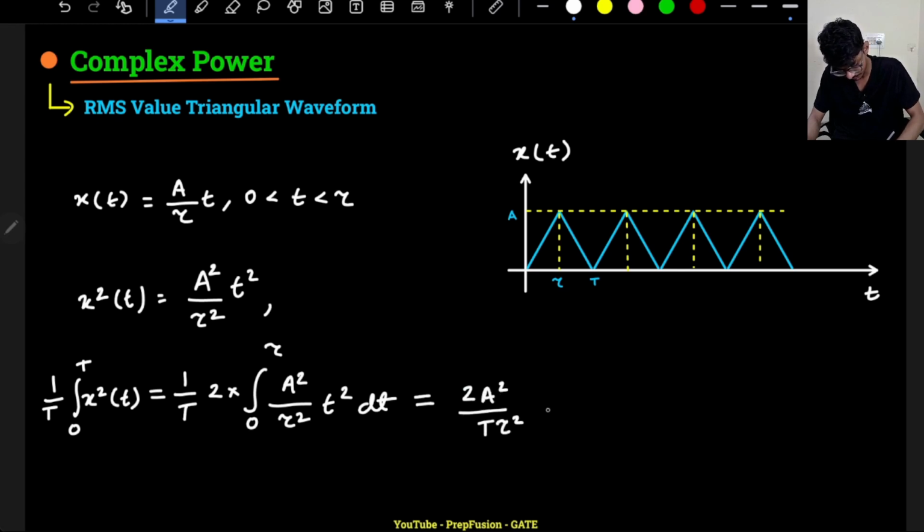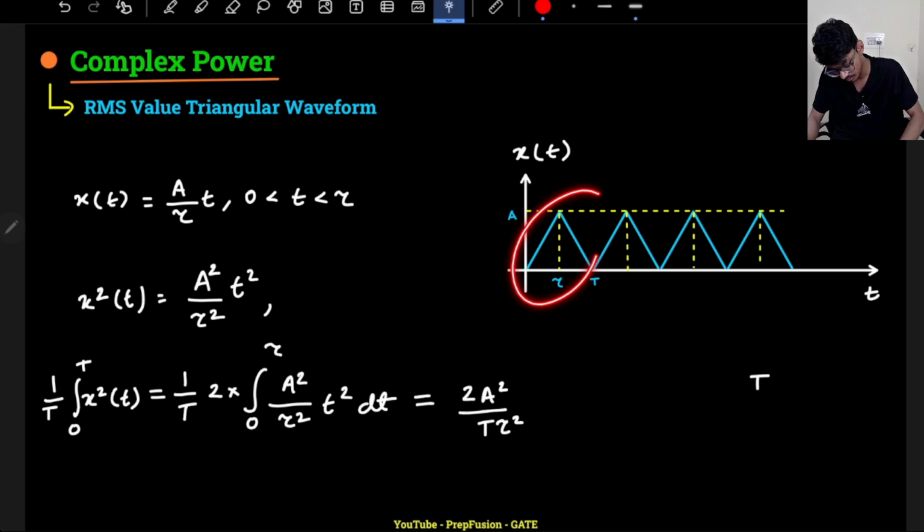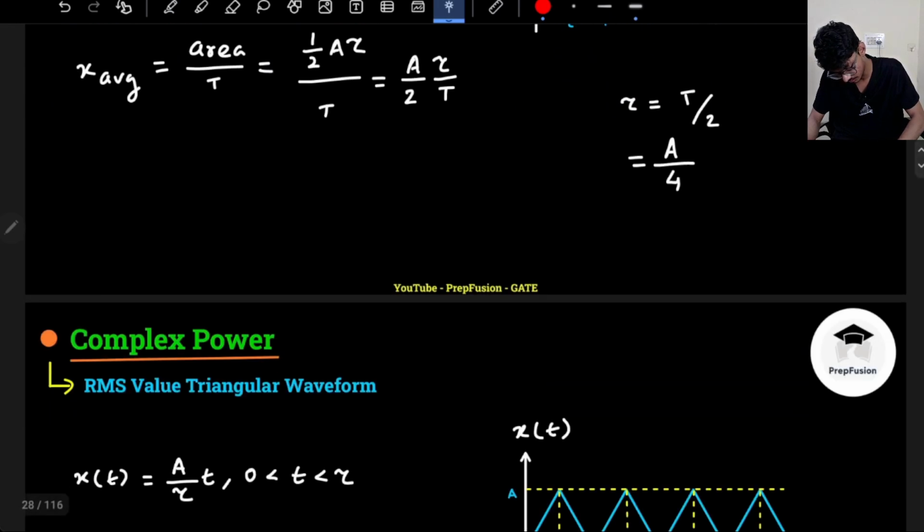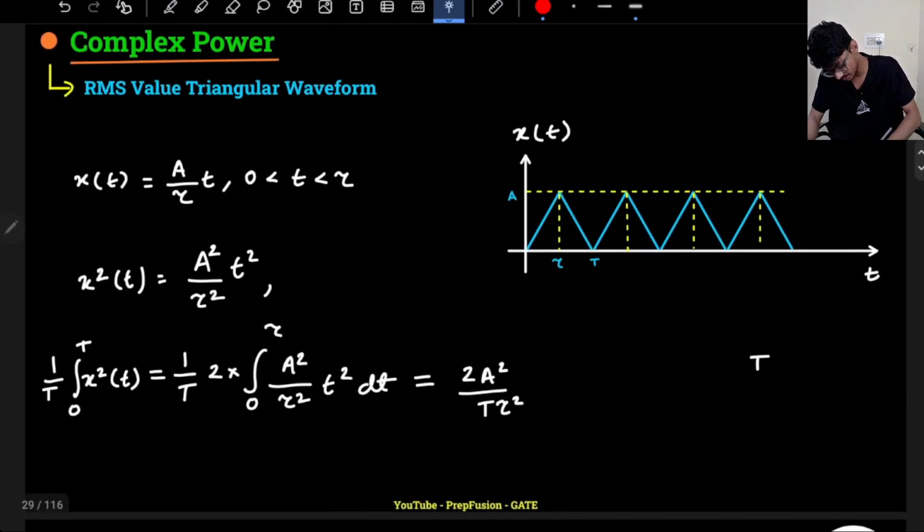And my T, as it is symmetrical, either you can write it in terms of tau is T by 2, that is correct, or T is 2 tau, anyway works. So here T is equals to 2 tau, as it is symmetrical about tau.